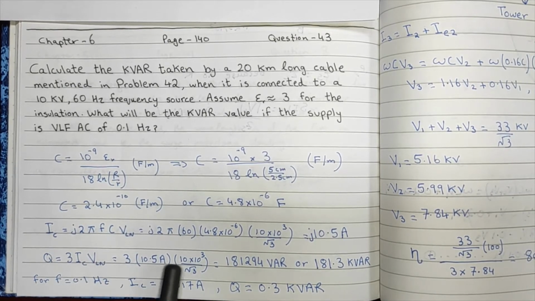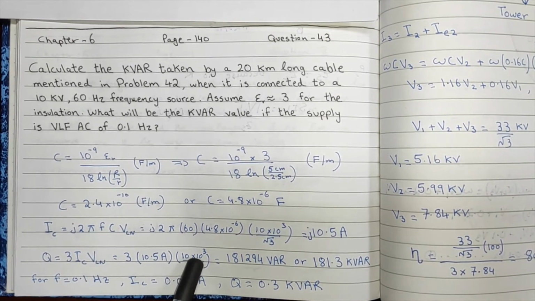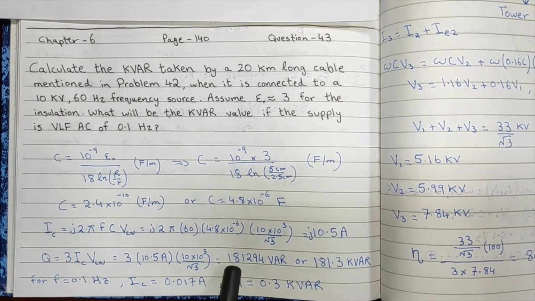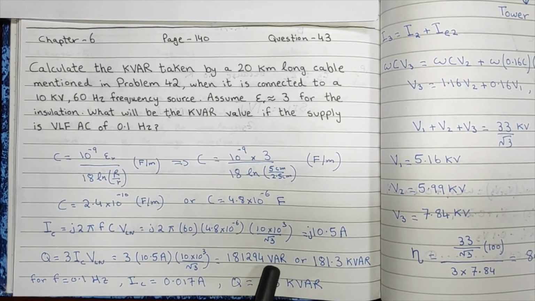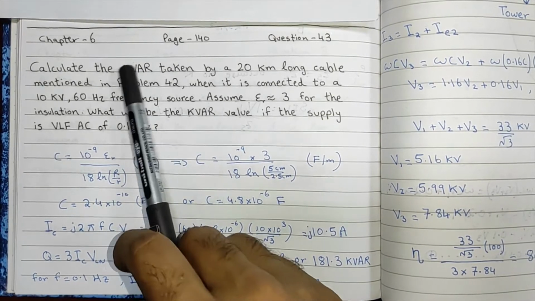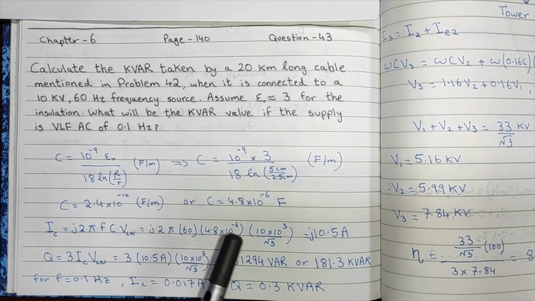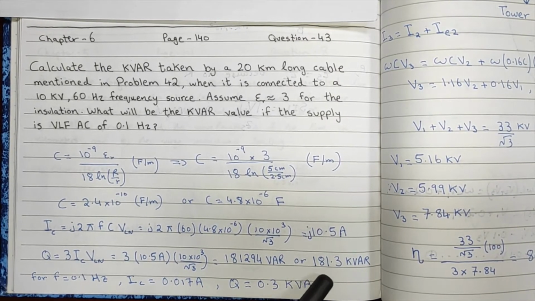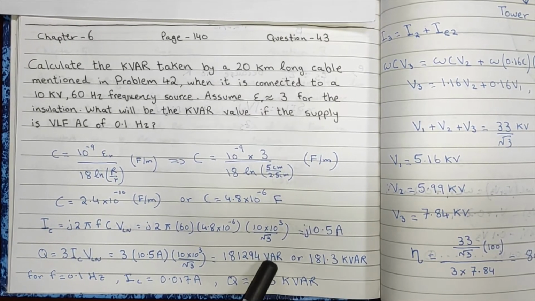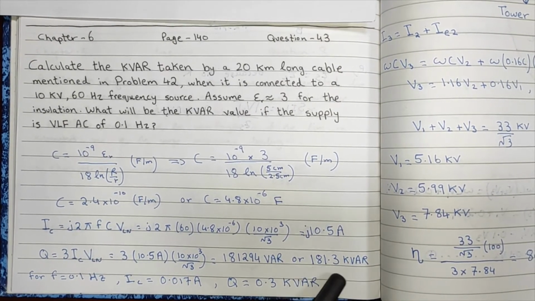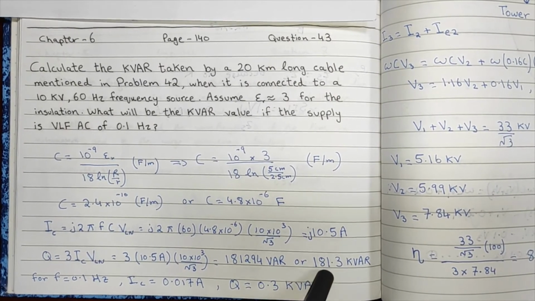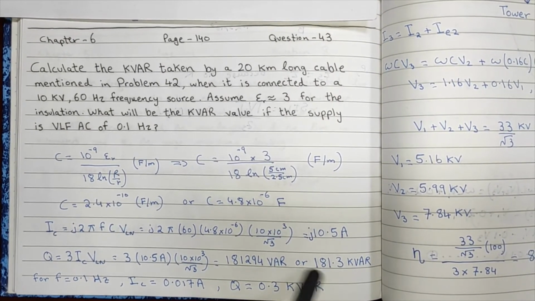Just substitute these values and you will find the reactive power to be 181294 VAR. But the question is asking you to find kVAR, so we have to convert the VAR into kVAR. Just divide it by 1000 and you will get the answer of Q to be 181.3 kVAR.